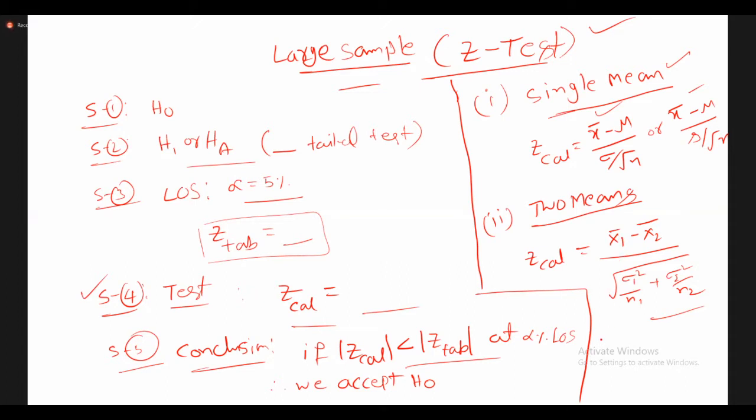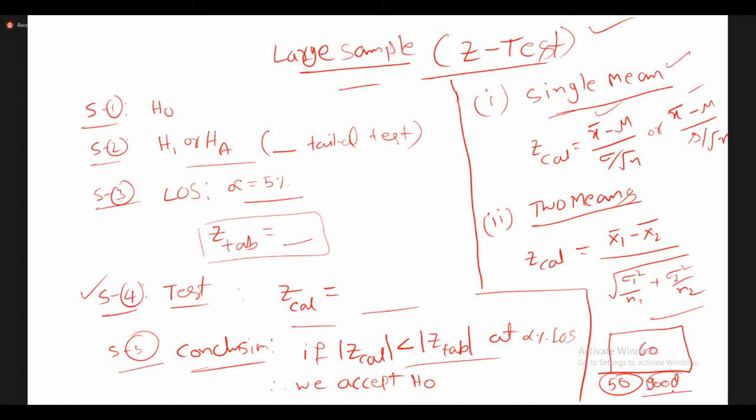Now in this one, more thing is there. If they are not discussing the mean, there is a proportion. For example, suppose in a class 60 students are there. We are discussing good students. Out of 60, 50 students are good.